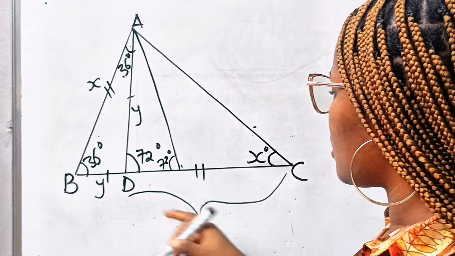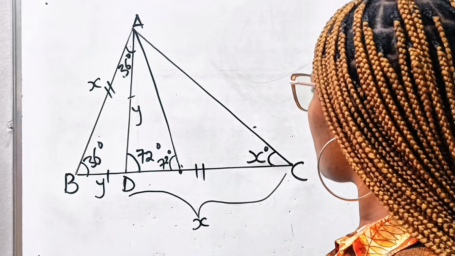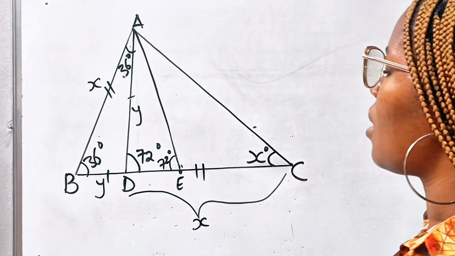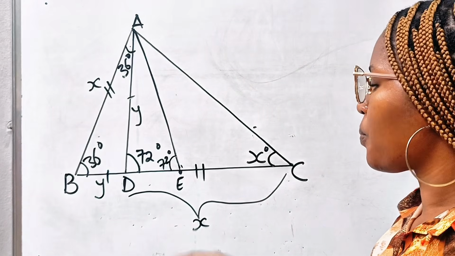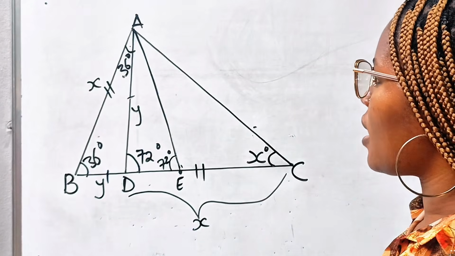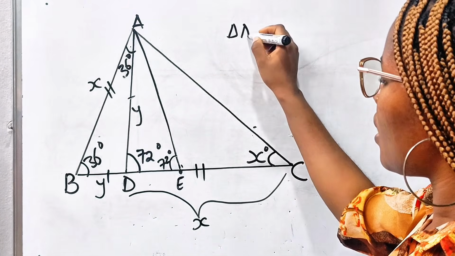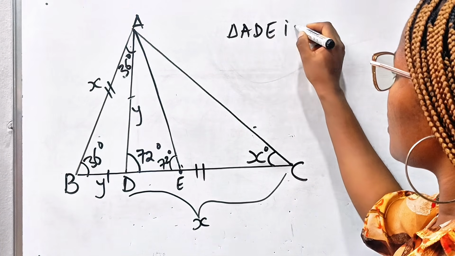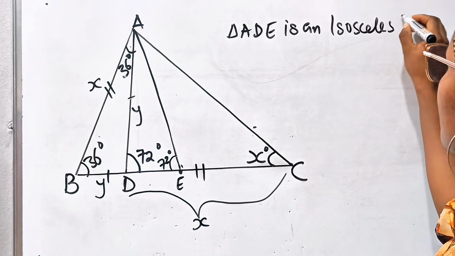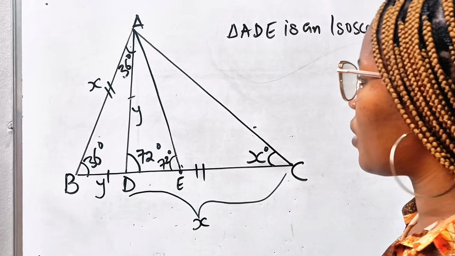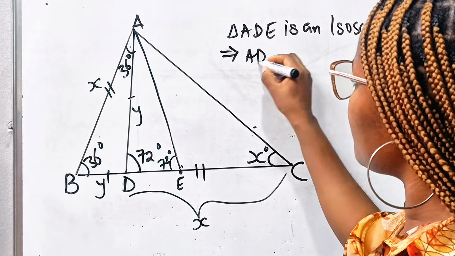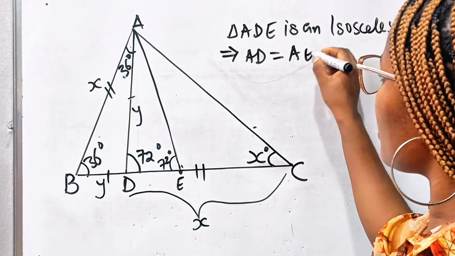All right. Now let's call this point E. Now, if that is true, you can see that the base angles are equal, meaning that triangle ADE is an isosceles triangle. This implies that AD will be equal to AE.